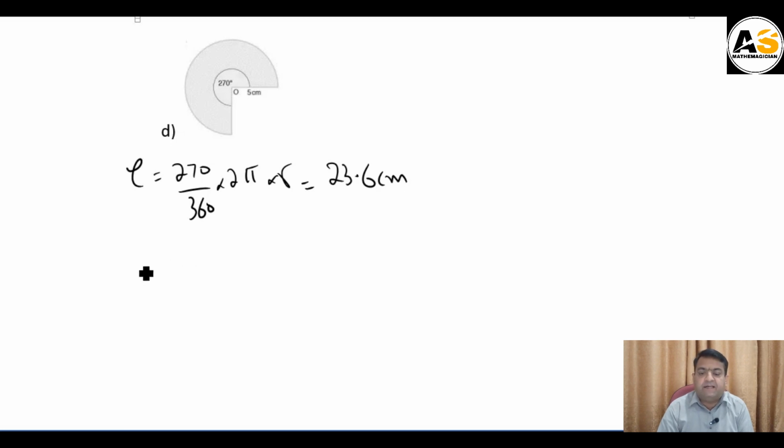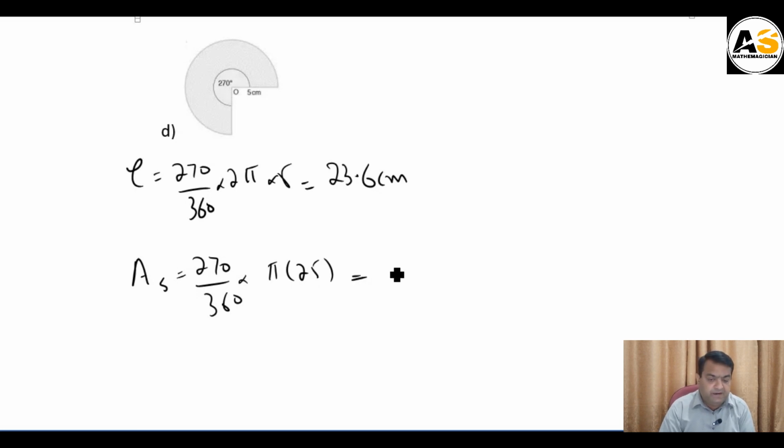And area of sector will be 270 over 360 into pi r square. R is 5, its square is 25. So this will be simplified to 58.9 centimeter square. So these are two simple formulae for calculating the arc length and area of a sector.